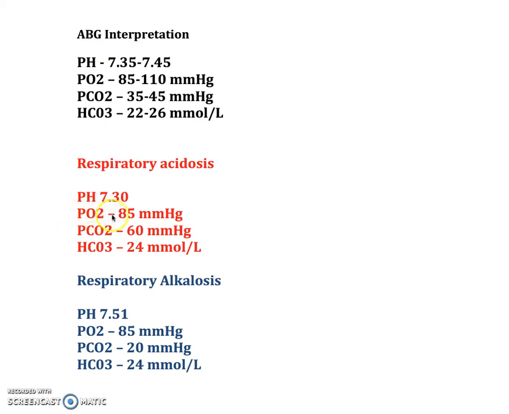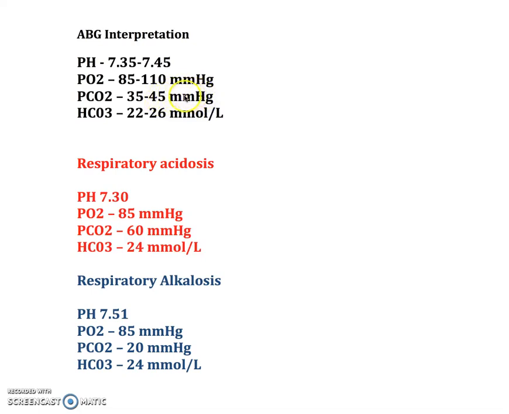Remember how I said ignore the PO2? We're just going to ignore that. Then we're going to have a look at the PCO2. That's 60. If we go back to our normal values, that's way above what it should be.